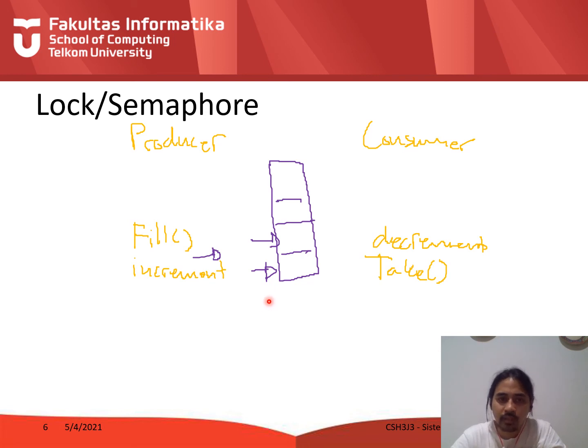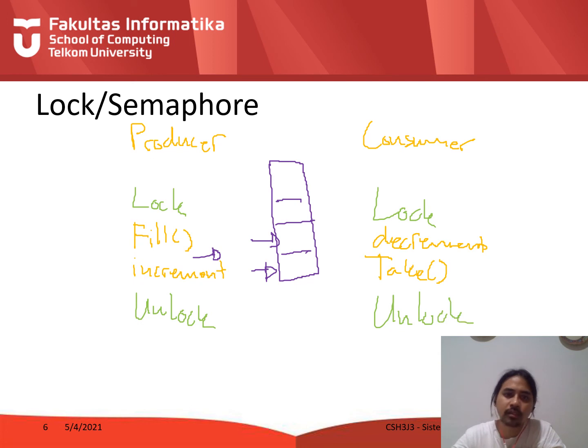So the next fill process will fill the wrong place. So here this needs to be locked, and then there's an unlock process, and also here it needs to be locked, and there is also an unlock process. So that is synchronization between two different processes with lock semaphore.